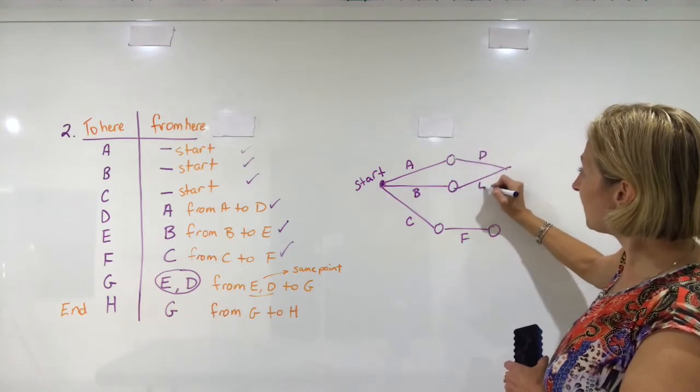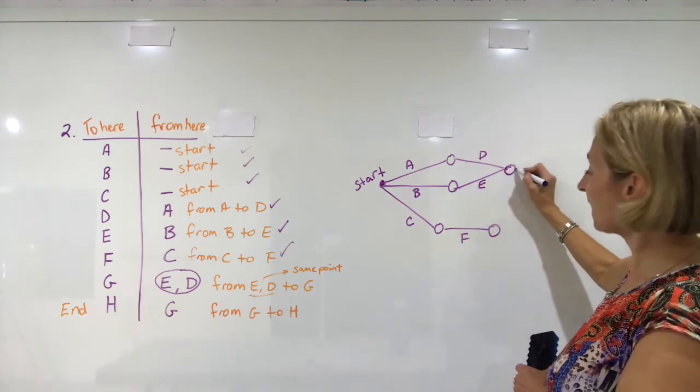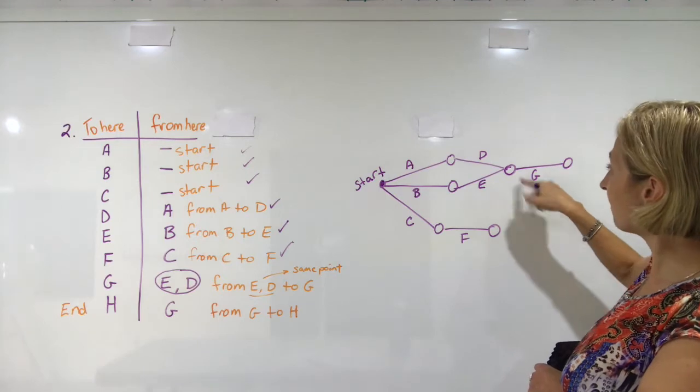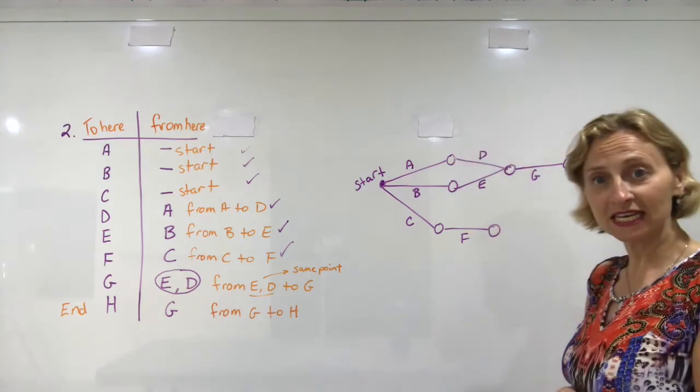So D should be like that, E should be like that, which makes G have to come from D and E.